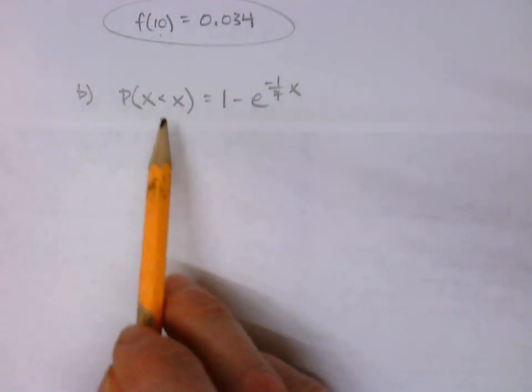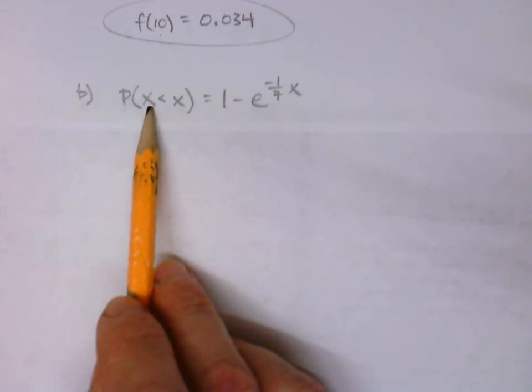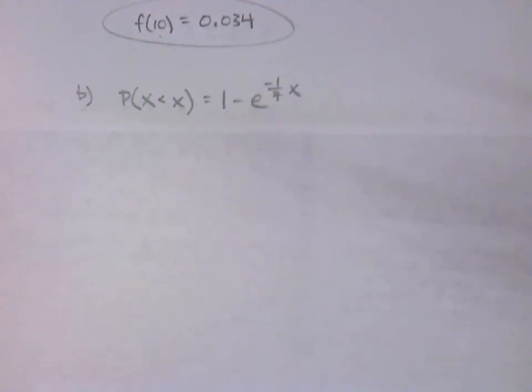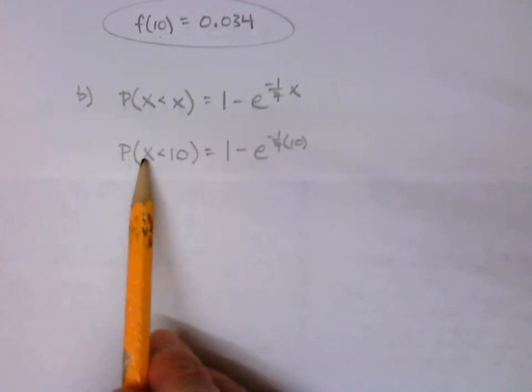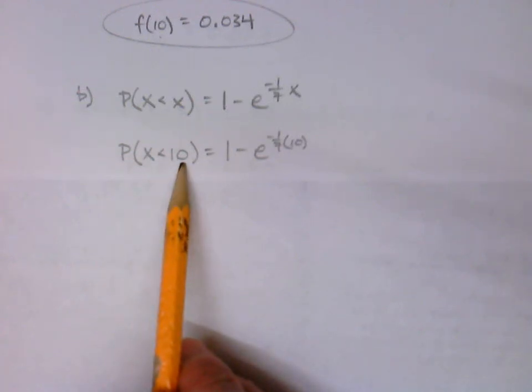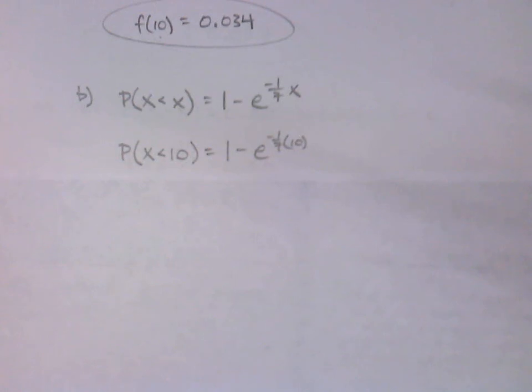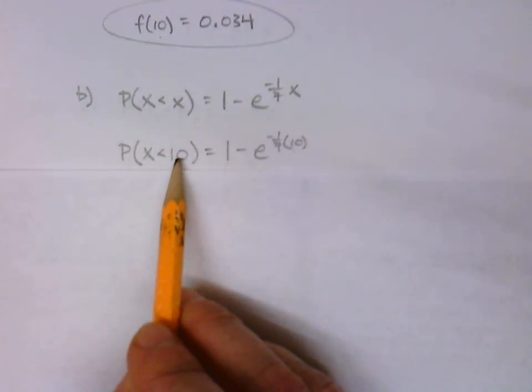When we do these probabilities, we're always going to leave the capital X. We're going to plug in a value for the little x, and in this case, it's 10. So we'll say, what are the chances that capital X is less than 10? And then that 10 also replaces this little x. That will tell us the probability, or here I'm saying the percent of Americans that fall asleep in less than 10 minutes. X is less than 10 minutes.